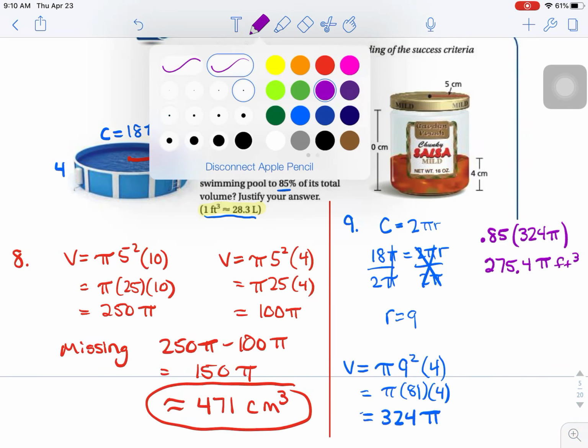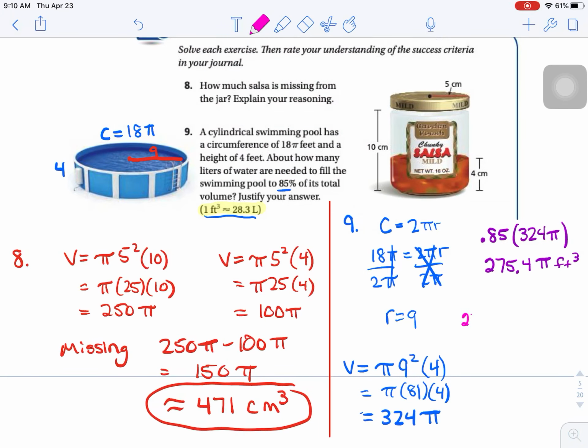So if we did that, 275.4 pi in feet cubed, and we canceled it out with our 1 foot cubed was 28.3 liters, and we multiply that out, we end up getting 7,793.82 pi, which is about 24,485 liters.